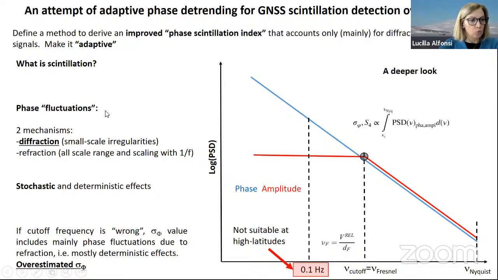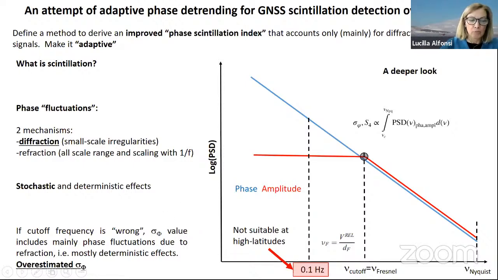What we call phase fluctuation, so when we see fluctuation on the phase of the receiver signal, two mechanisms are concurring. One is due to the diffraction, and is due to the presence of small-scale irregularities, and the other is due to the refraction, that is due to large-scale irregularities and scaling with a factor 1/f. The diffraction is a stochastic effect. The refraction is almost all related to the deterministic effect.